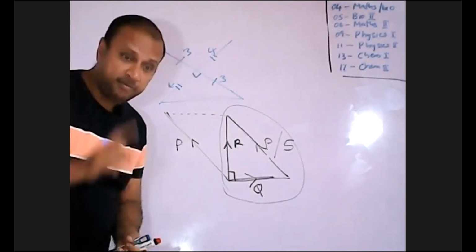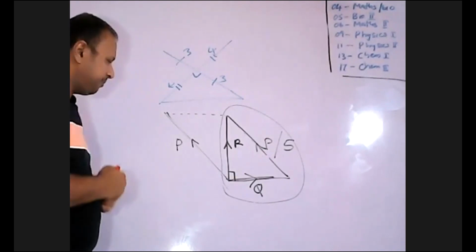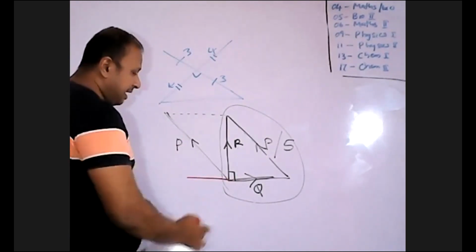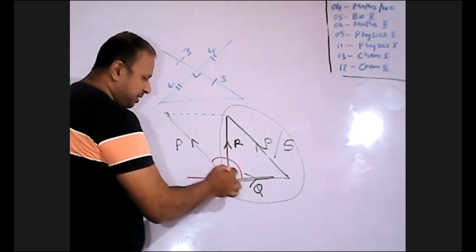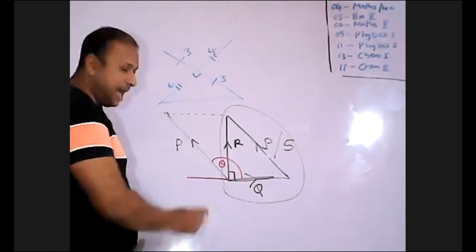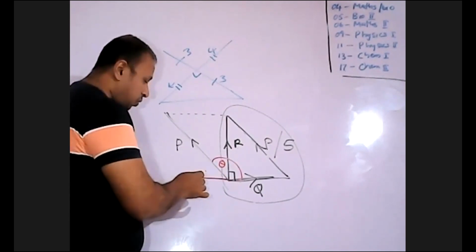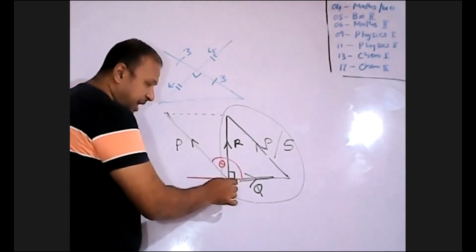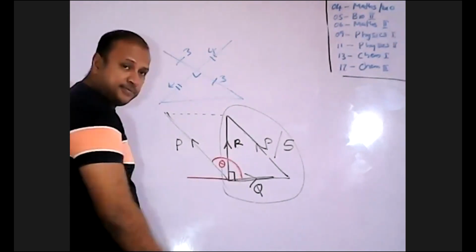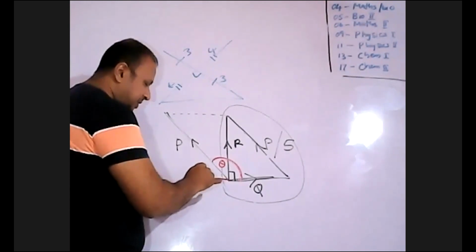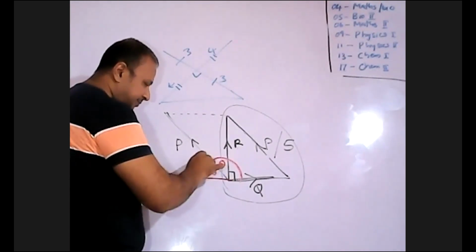But the one thing you have to remember, the angle between two forces means this angle, okay? So if the angle between two forces is equal to theta, this angle is 180 minus theta.